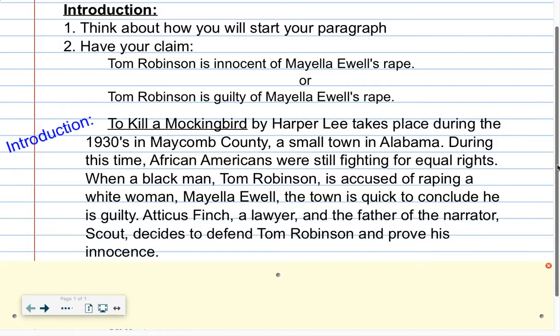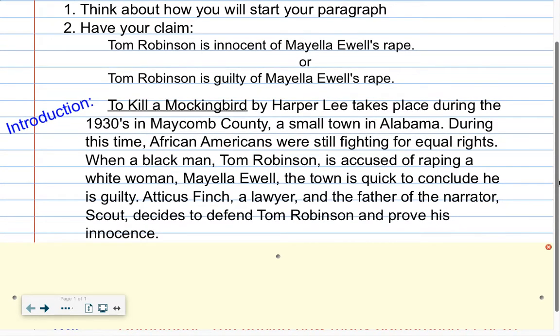Now, in this introduction, I am introducing several characters that will most likely come up in my body paragraphs. Atticus Finch, a lawyer, and I also mentioned Scout. So if I were to mention Atticus Finch again, my readers would already know that he is a lawyer and that he's also a father.